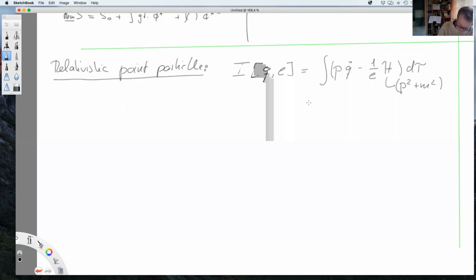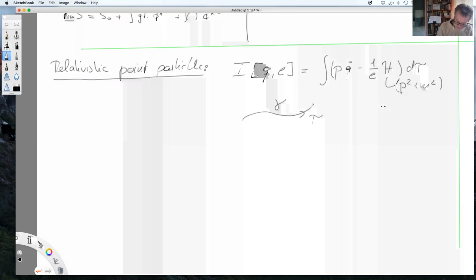We have some parameterized curve, and tau is the parameter of this curve gamma. And e is an einbein, which guarantees the reparameterization invariance. So it's the metric on the world line. Invariance.